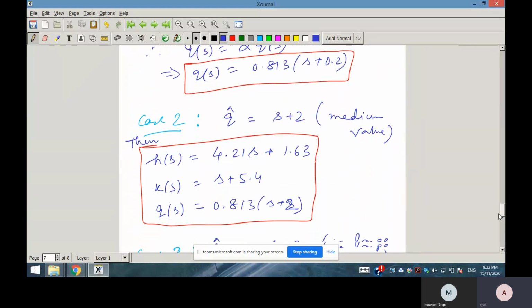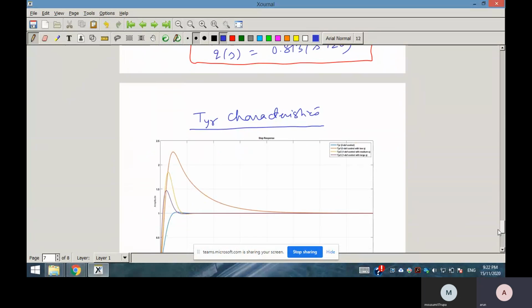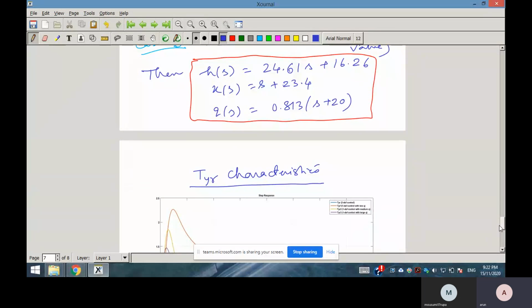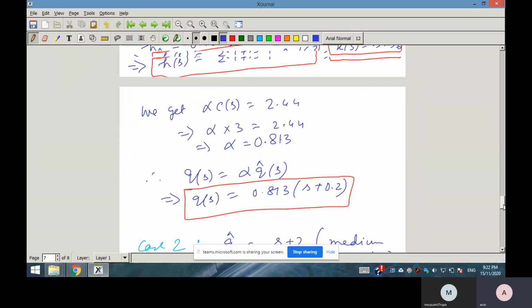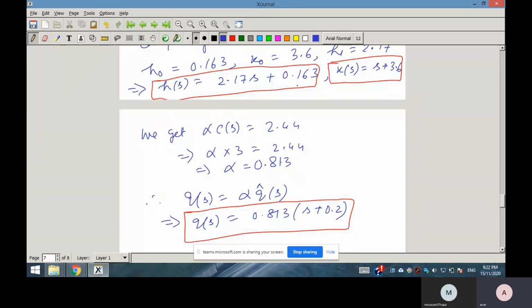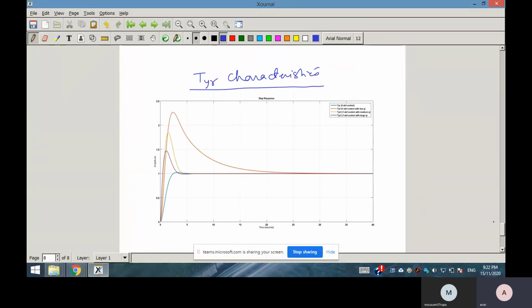Here also roots of H S are very close to the imaginary axis, and here also. So if you reduce Q S, the roots of H become even closer to the imaginary axis. That's why it is causing a more peaky response in case of 1 degree of freedom control.